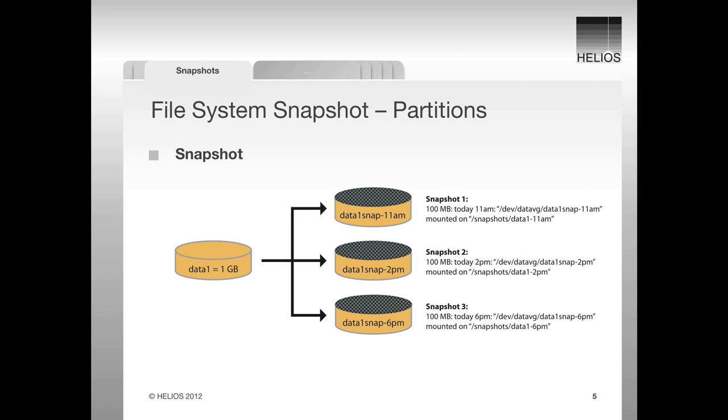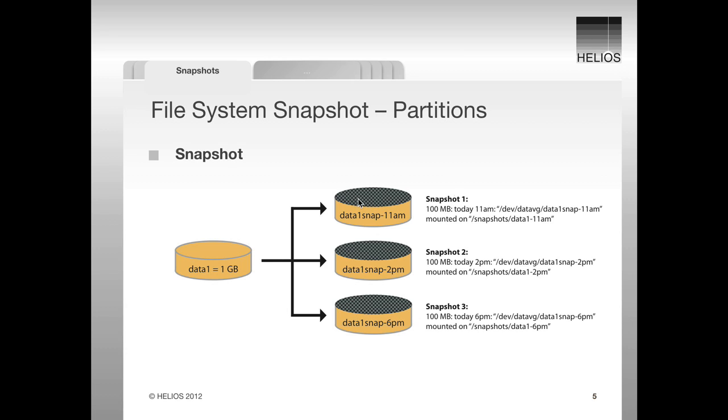So this is a little example of what a snapshot looks like. You basically have a data partition, in our test case called data1/data1, and for our test case we just have a little volume here with 1 GB.